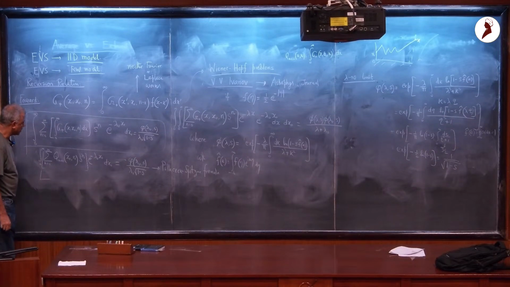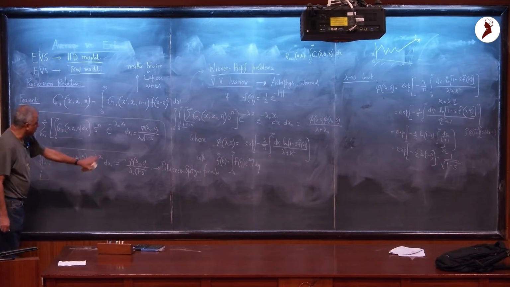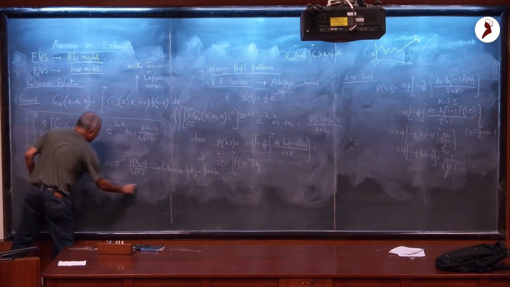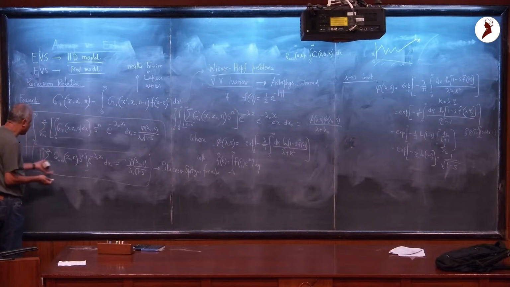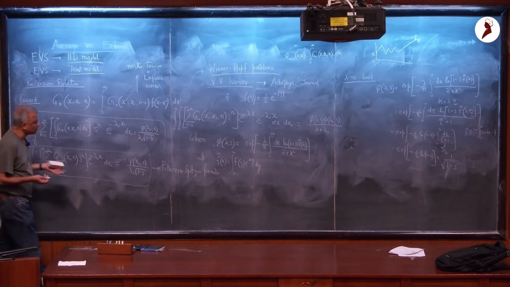And so this is the distribution of the maximum, if you like, the cumulative distribution of the maximum. The probability that the maximum value is less than or equal to x naught, which is the same as the survival probability of the walk starting at x naught. And its generating function and Laplace transform with respect to the argument is given by this formula. This is the exact formula, but it's almost practically useless, because from this to derive anything is very difficult.